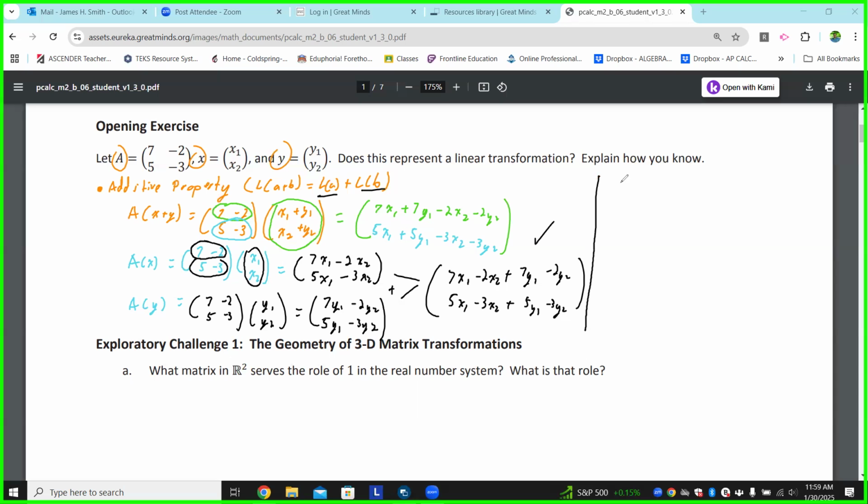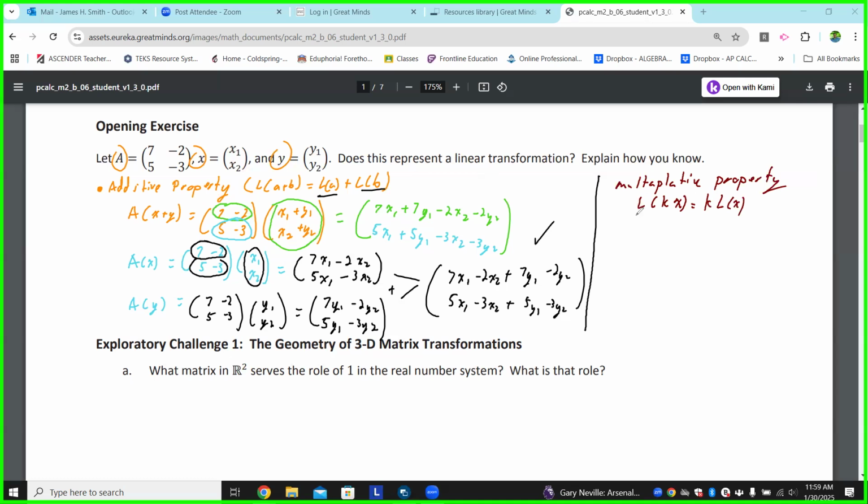All right, so the multiplicative property can also be added into your journal. As again, if you recall from over there, we are trying to show L(kX) equals kL(X). So I really just got to show one of these, either the X or the Y. So again, the L is the A, k will just be a random k, and then the X, I think I put X that time, will be my X in the situation.